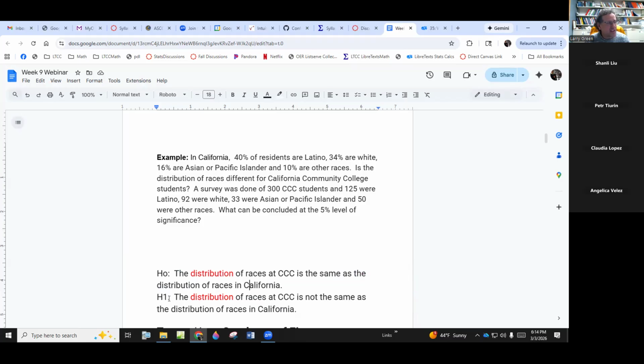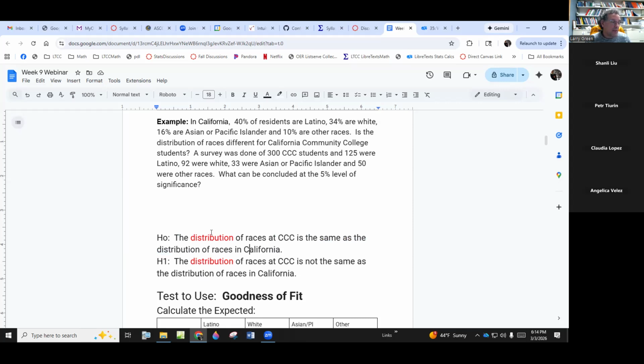All right, so the next step we have to do is create a table. Actually, maybe the next step would be decide on the test to use. And that is going to be called a goodness of fit test. A goodness of fit test is used when you have one known distribution where you know the distribution of an entire population, and you have a different population that you don't know the distribution of.